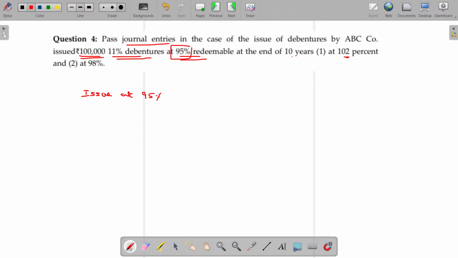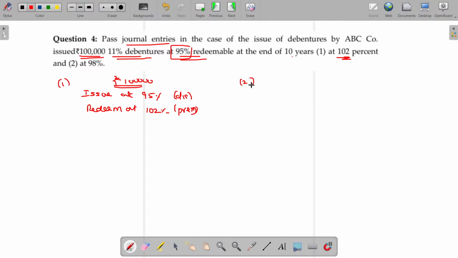Redeem at what? While redeeming, you redeem at 102%. What does it mean? This is discount, this is premium. Scenario 1. Value of the debenture being 1 lakh. Come on, pass the entry for this.